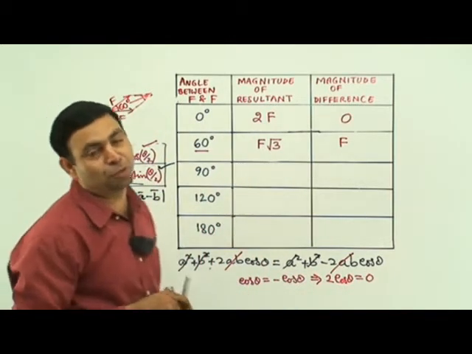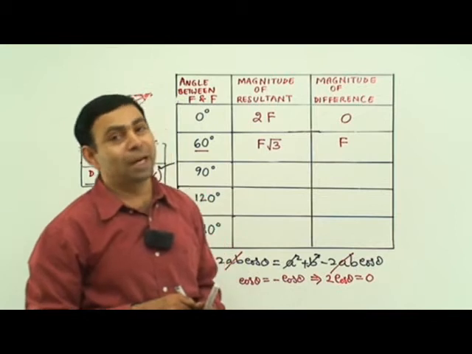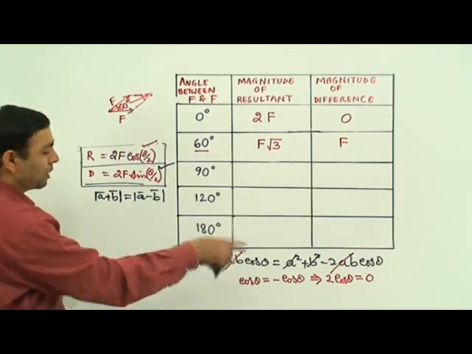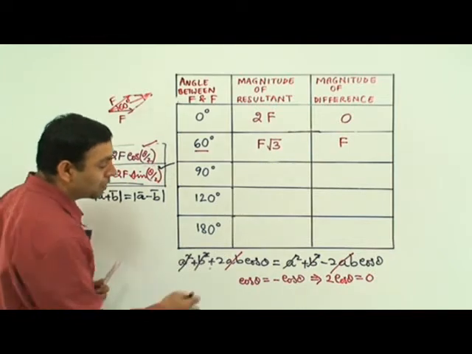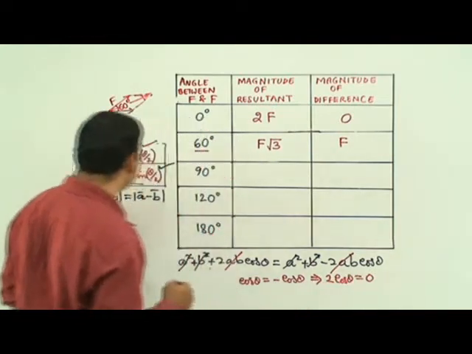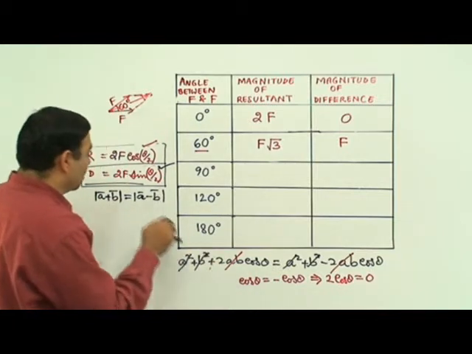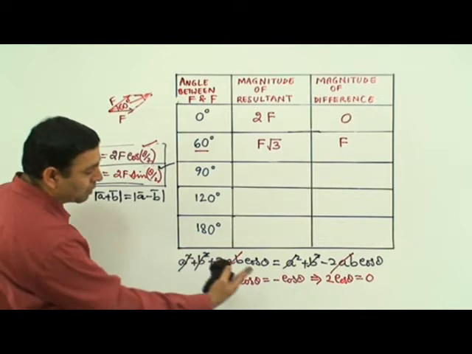That means theta should be 90 degree, because we know cos 90 is 0. Okay. So angle between A and B is theta, which is 90 degree over there, because cos 90 is 0. We are getting cos theta 0 here. Clear? So when mod a plus b is equal to mod a minus b, then angle between A and B is 90 degree. Fine. This is a very clear cut explanation over here.